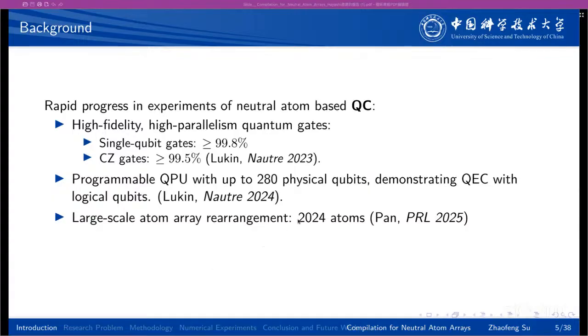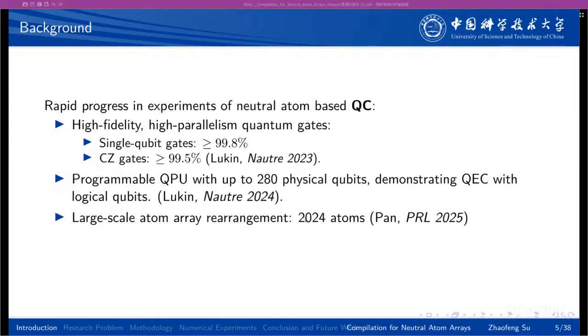I think the number of qubits is around 200. The thousands is just about atom rearrangement, just trapping atoms.